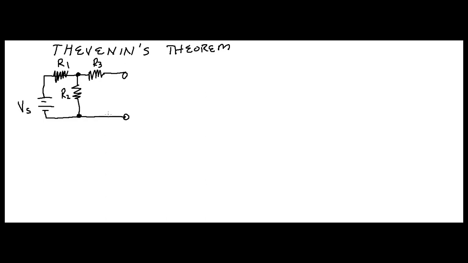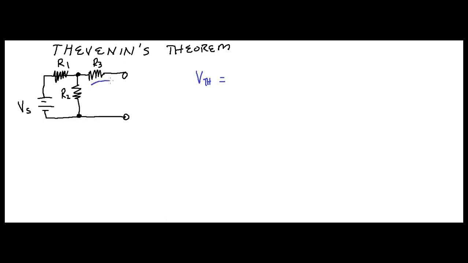So, first thing, let's look at the voltage. And I'm going to do this in a different color here, right? I'll just say VTH. What's that going to be equal to? First off, we need to think about this. Since this is an open here, there's no current.